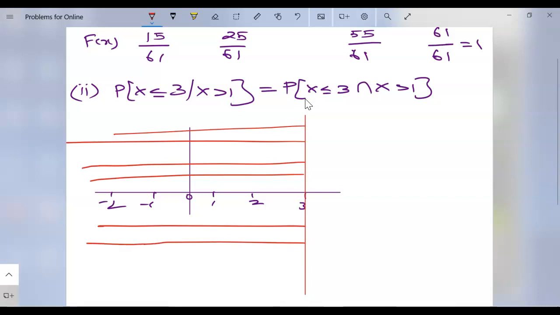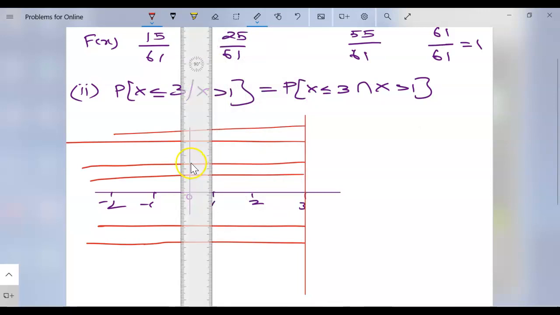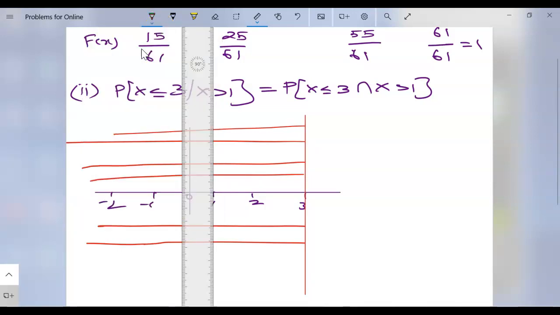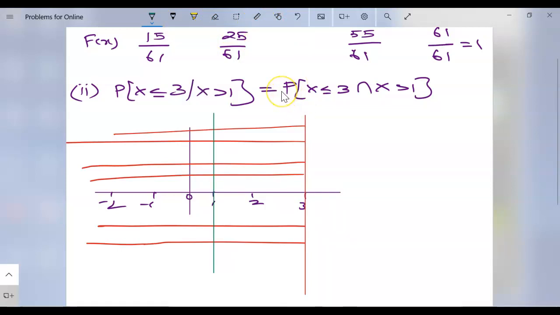Now the second value, x more than 1. What is the number? 1, right? So take your ruler to 1. I will use the green color. Here 1 is not included, while 3 is included.